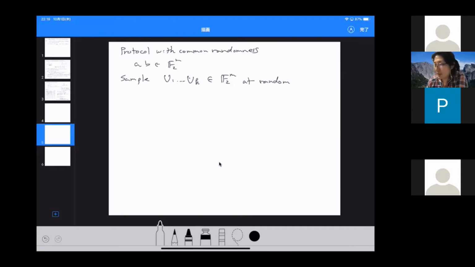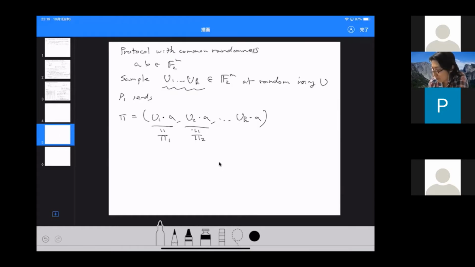P1 and P2 can sample these using U. P1 sends a message as follows: he computes the inner products of U1 and A, U2 and A, up to UK and A. This is message pi1, this is message pi2, and this is message pik.